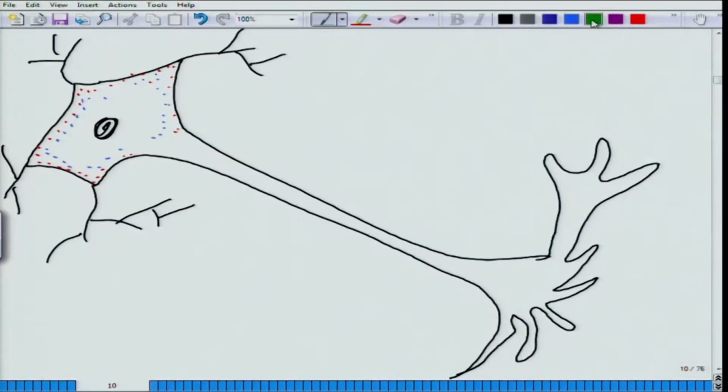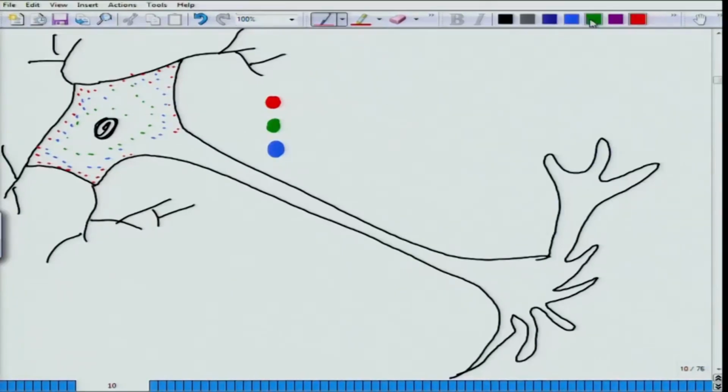Likewise they are all scattered all over. The red ones are, I should have done it with a slightly bigger marker, red ones are red, and then we have the green ones, then we have the blue ones.